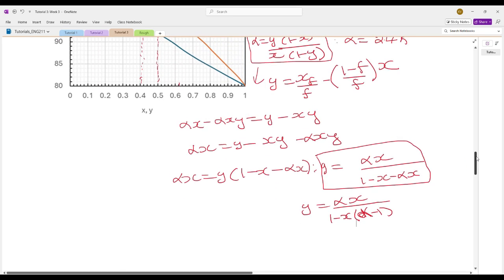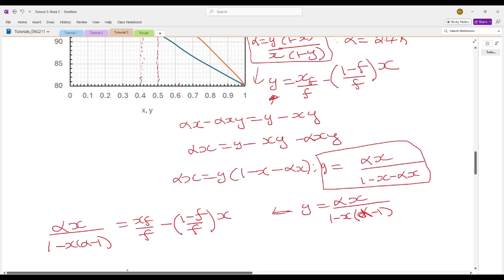So you have this as y, so take this y and plug it in here. So what you will get is an equation like alpha x divided by 1 minus x alpha minus 1, that should be equal to x of by f minus 1 minus f by f into x.